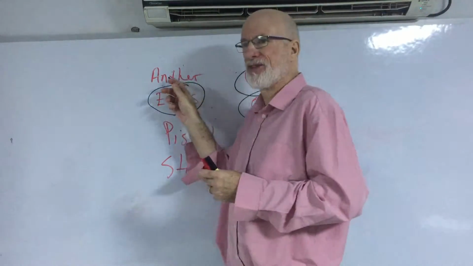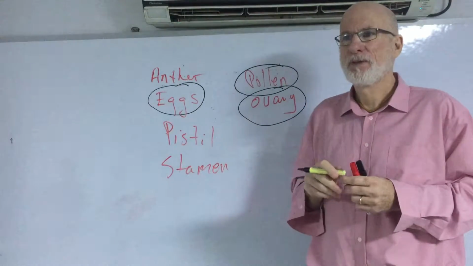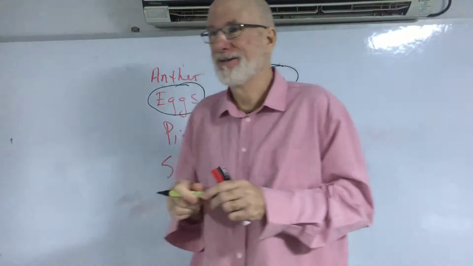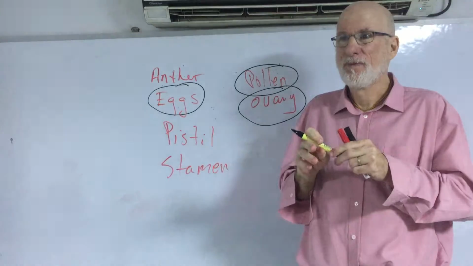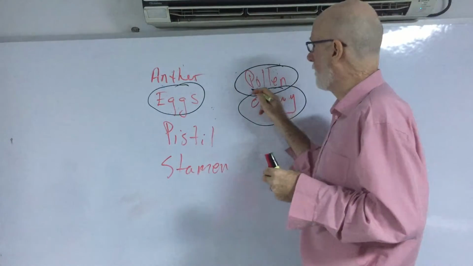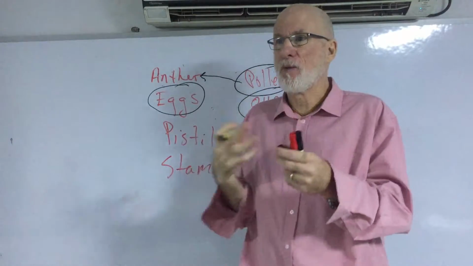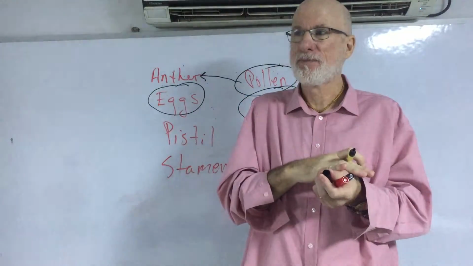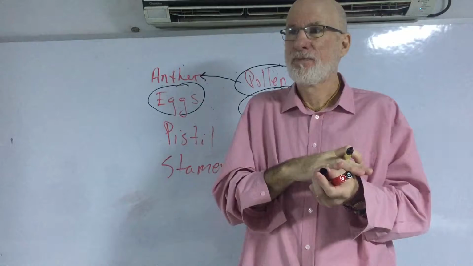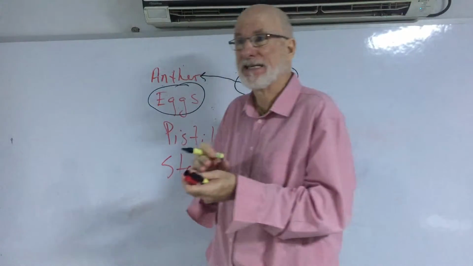Okay. What's the anther? Pollen are produced in the anther. This is where the pollen are produced in the anther. Is that correct? So the anther would be what in mammals? Testes. The testes. Okay.